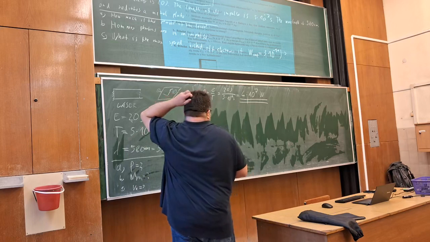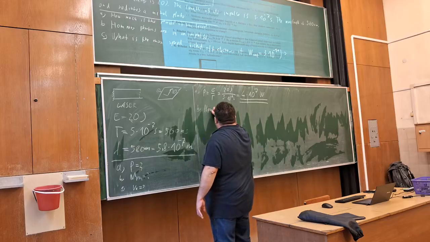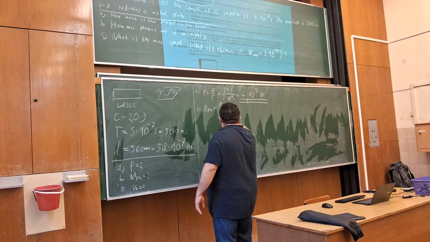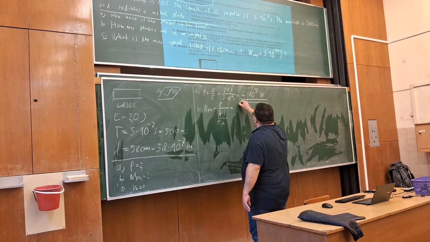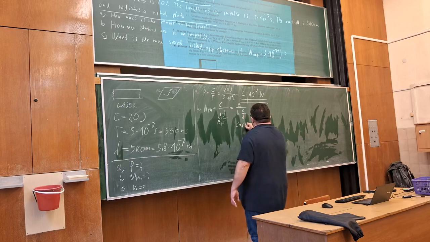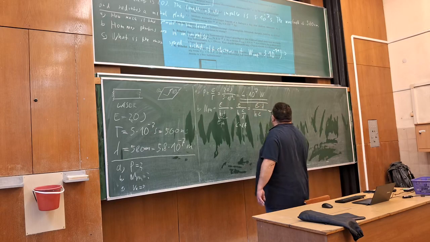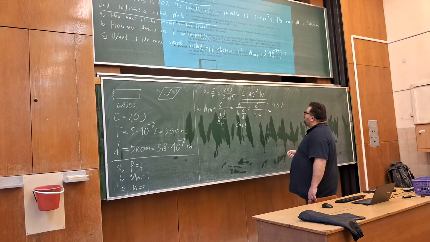B. Number of photons. So the number of photons comes from the energy divided by the energy of one photon, and that comes from the energy h c per lambda. Everyone knows it's 20 joule.